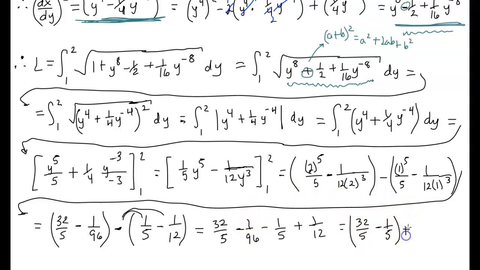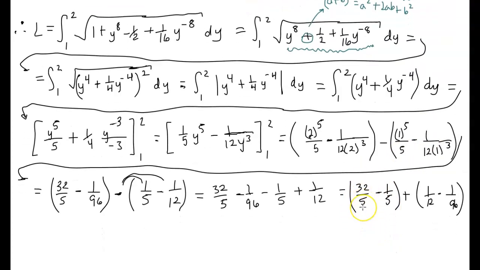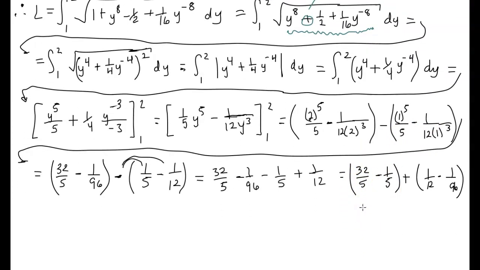And then I could say plus 1/12 minus 1/96. And let's make that look a little better. Okay. All right. So now at this point, of course, we know that 32/5 minus 1/5 is just 31/5. So that is relatively easy.